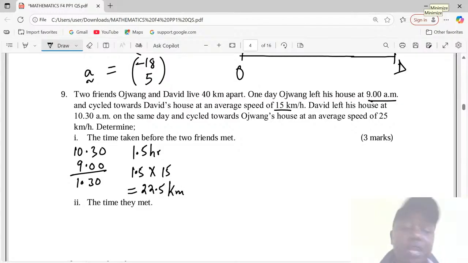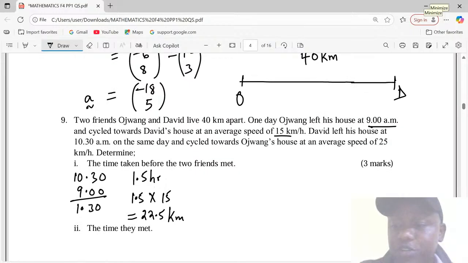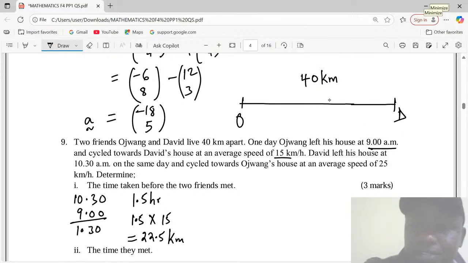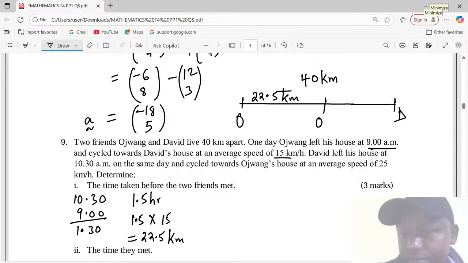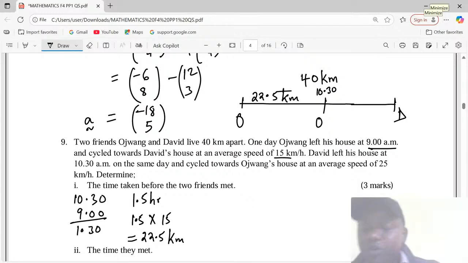So by the time David is beginning his journey, Ojuang has covered 22.5 kilometers. So this is where Ojuang is, and this is 10:30. At 10:30, Ojuang has already covered 22.5 kilometers.